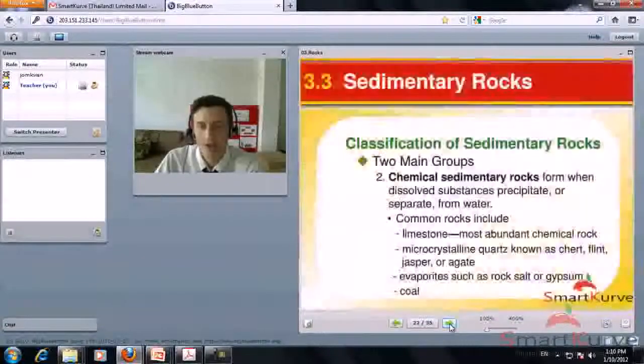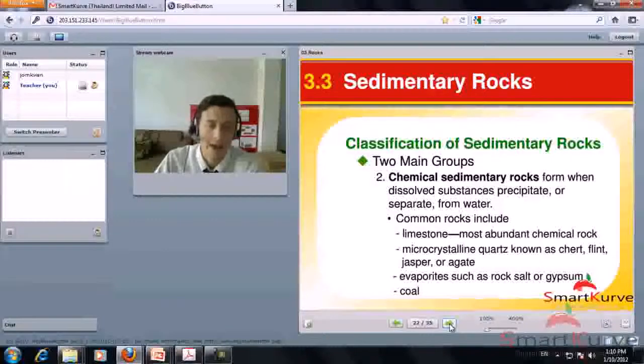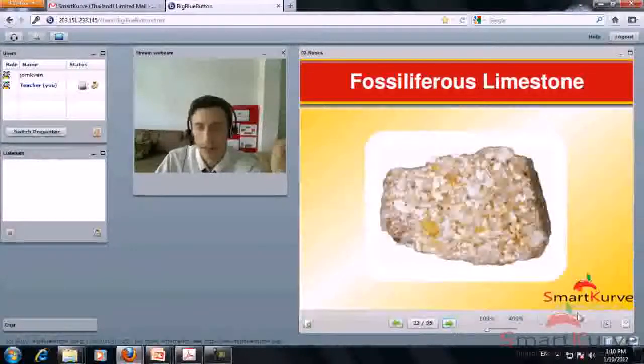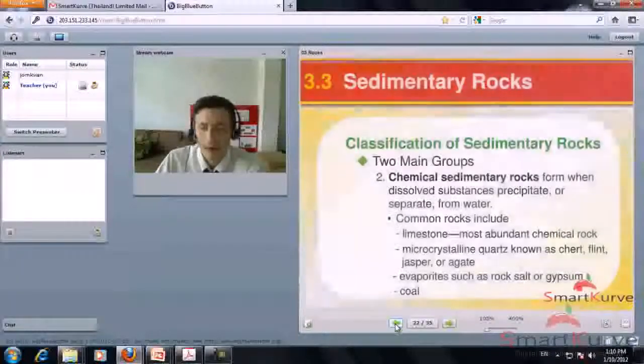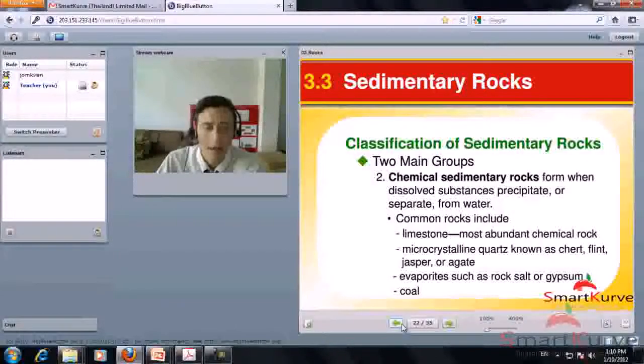So a little bit different from the weathering and erosion that we saw in the last group. A good example you can see there on slide 23, limestone. Remember, again, this is the most abundant chemical rock.